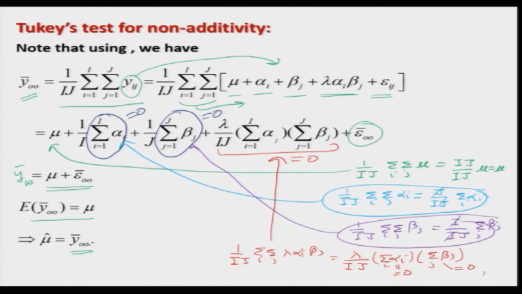So now you can see whether you have used lambda equal to 0 or not, this mu is estimable and mu can be unbiasedly estimated by the mean of all the observations.